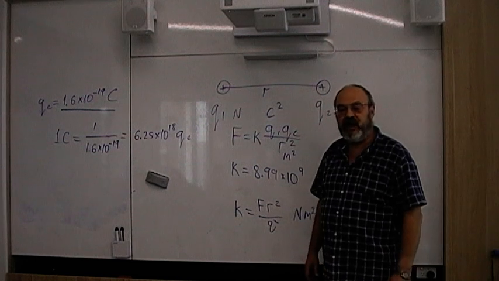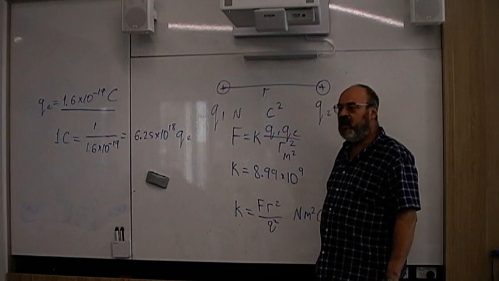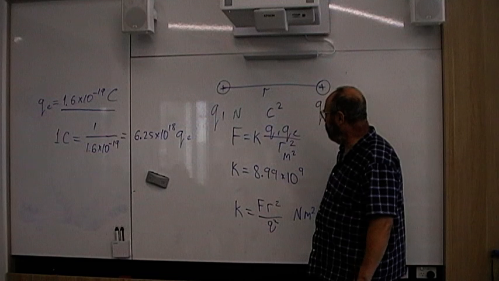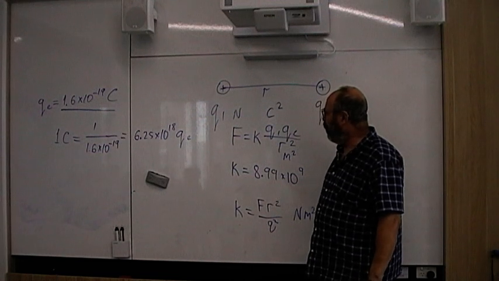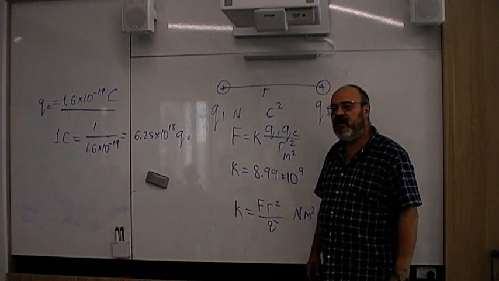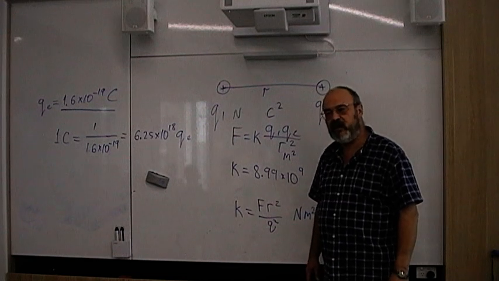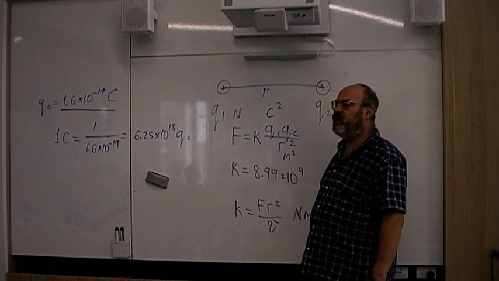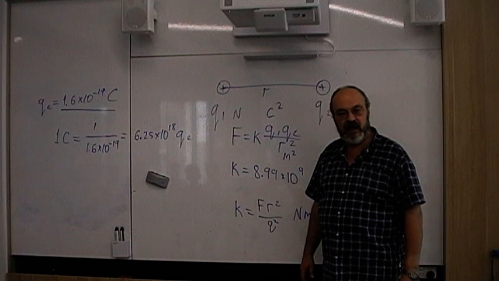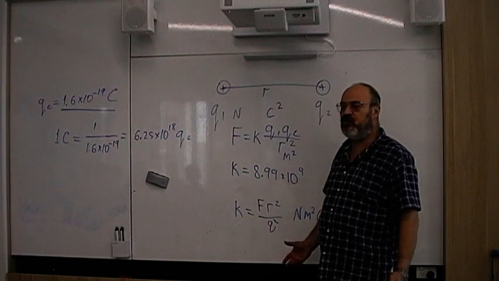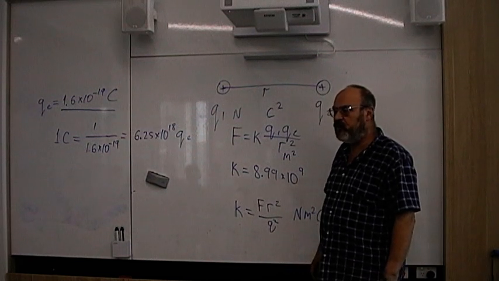Now let's calculate the force of the interaction between, let's say, the nucleus of the hydrogen atom and its electron. The nucleus of a hydrogen atom is just 1 proton.